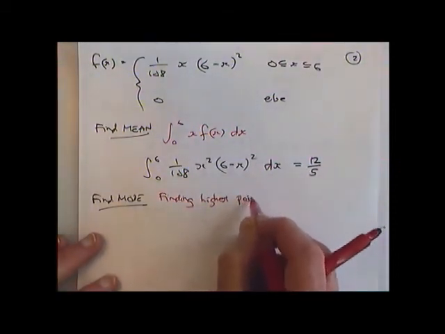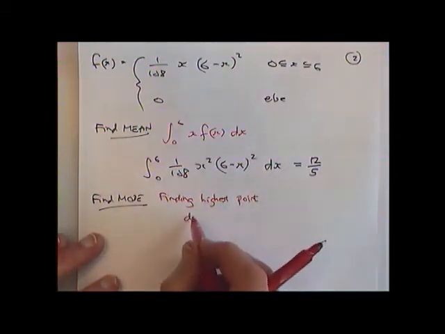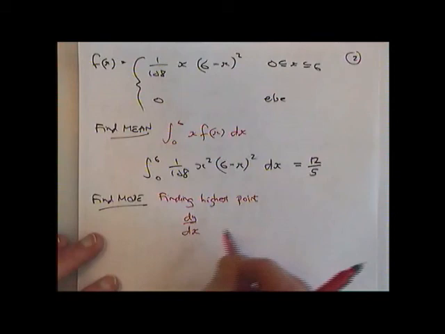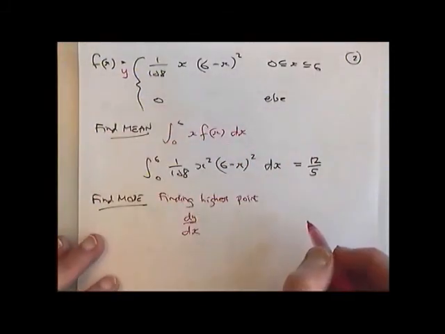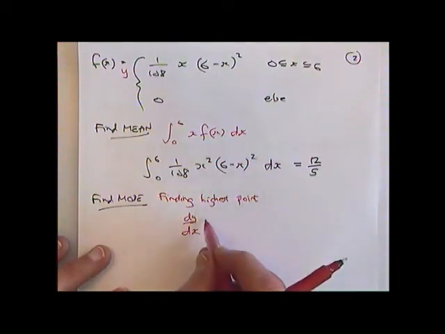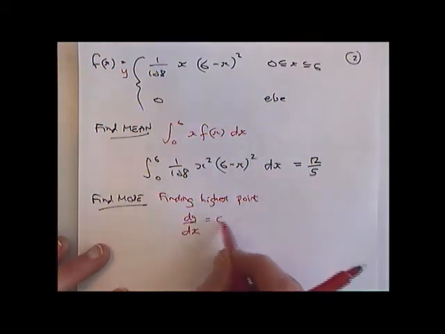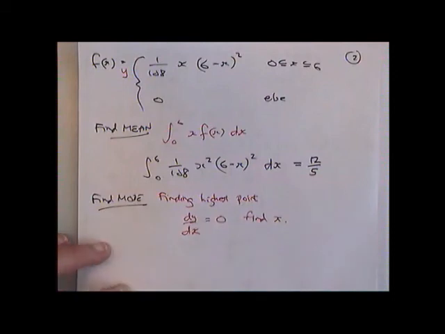And how will we go about finding it? Differentiate it, so we'll find dy dx, if we call this thing up here y. And what do we do when we differentiate it? Look for the gradient equals 0. Yeah, so put that equals 0 because that's the gradient, and then we find what x is that makes that true.